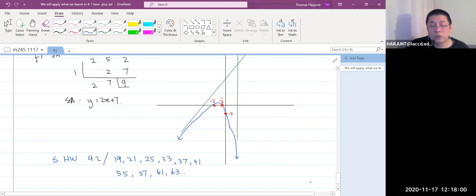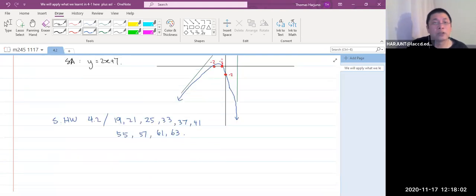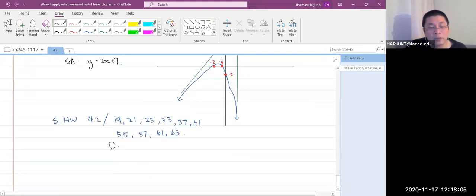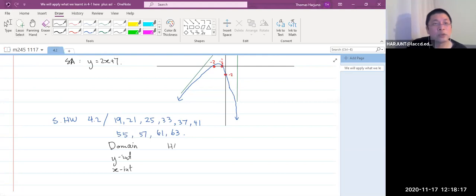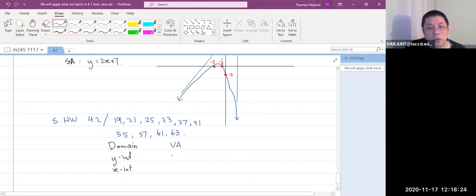Okay, now what you need to answer are the questions I usually ask: the domain, the y-intercept, the x-intercept. So we just borrow the function. Okay, vertical asymptote, horizontal asymptote, slant asymptote if the degree on the top is one more than the degree at the bottom.